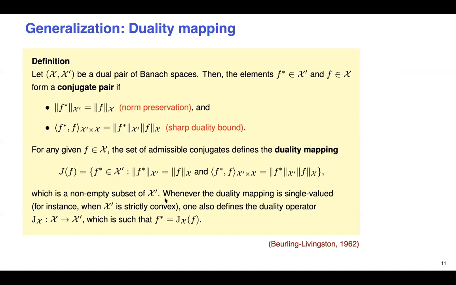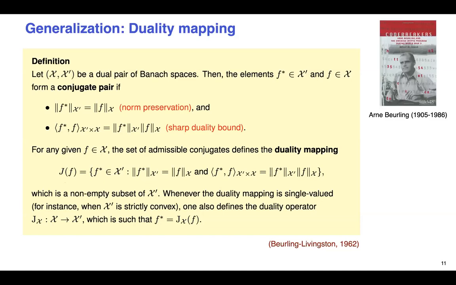There are interesting cases where this duality mapping is single valued, for instance, when the space is strictly convex. In this case, like with the Riesz map, you can define an operator that maps a given element into its conjugate, as given here.